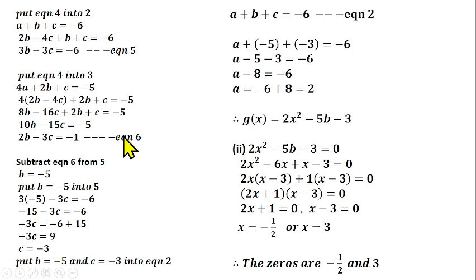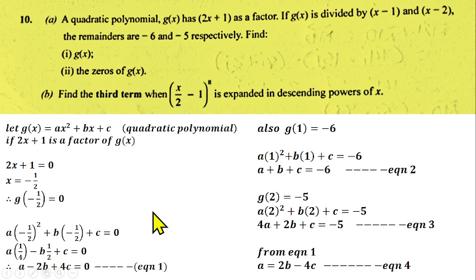So we have to find the value of a, so that we can know the quadratic polynomial. You can put b and c into equation 2. Equation 2 is a plus b plus c equals minus 6. Since we know the value of b and c now, we can find the value of a, so that we can know g of x, the quadratic polynomial.